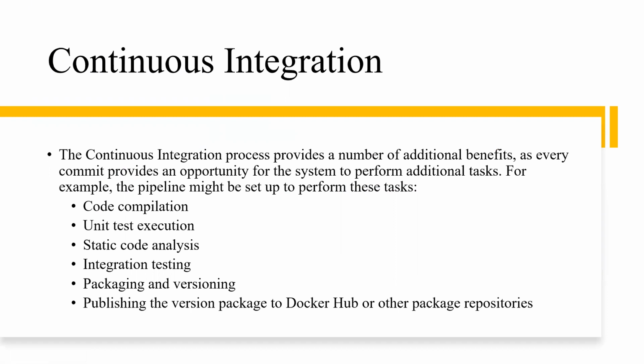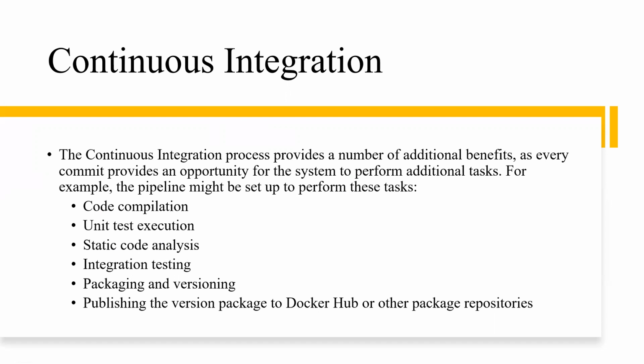The continuous integration process provides a number of additional benefits, as every commit provides an opportunity for the system to perform additional tasks. For example, the pipeline might be set to perform these tasks: code compilation, unit test execution, static code analysis, integration testing, packaging and versioning, publishing the version, and package to Docker Hub or other package repositories.